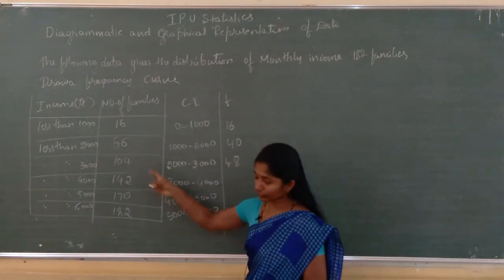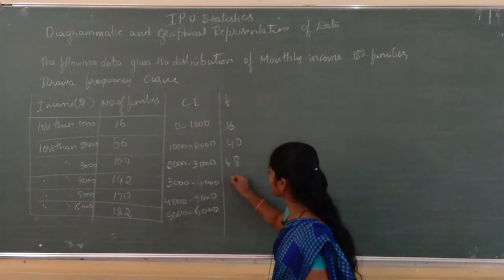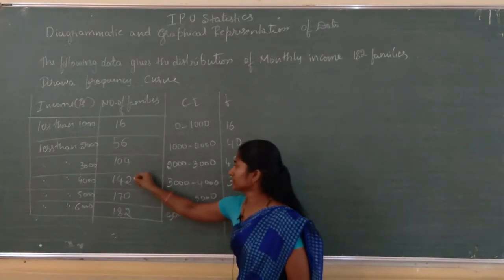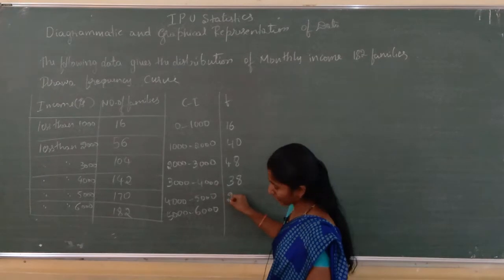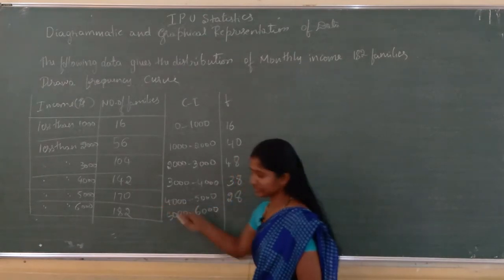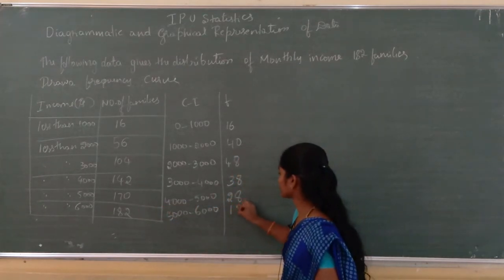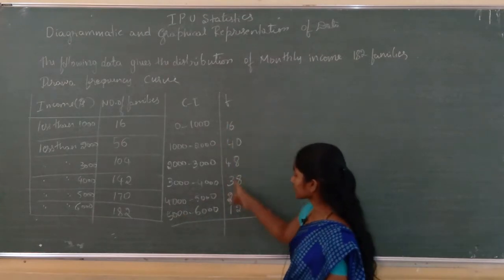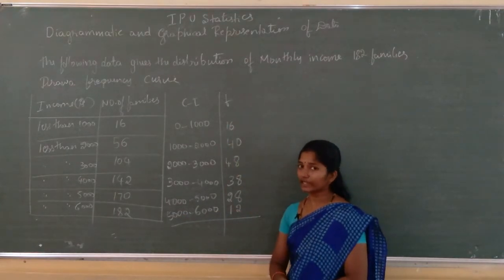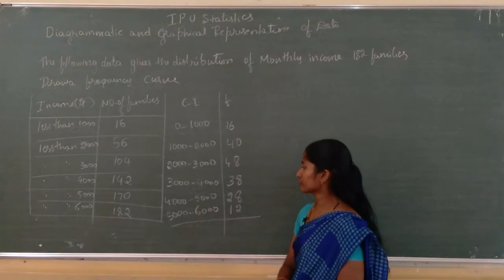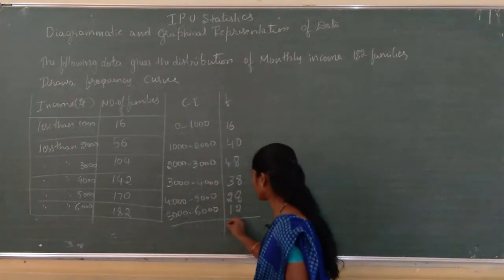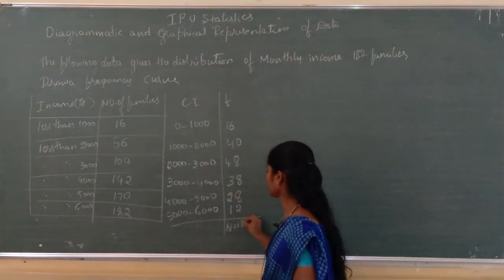Afterwards 142 minus 104, that is 38. Next here 28. See, last one, that is 12. Check it. That means you should add. When you are adding, your total should come, that is 182. n is equal to 182.